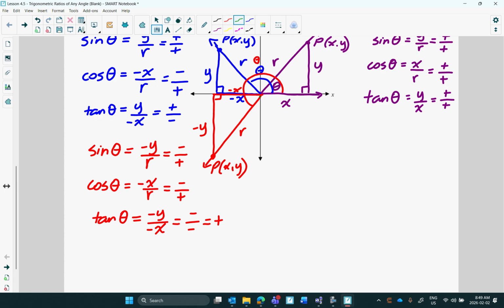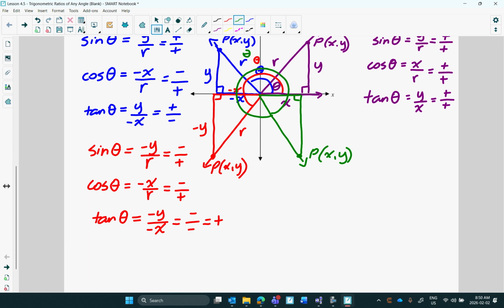Finally, quadrant 4. Put a point on the terminal arm so we can draw a vertical segment to the nearest x-axis and get ourselves a right triangle where the angle we're referring to is the reference angle for the angle between 270 and 360.